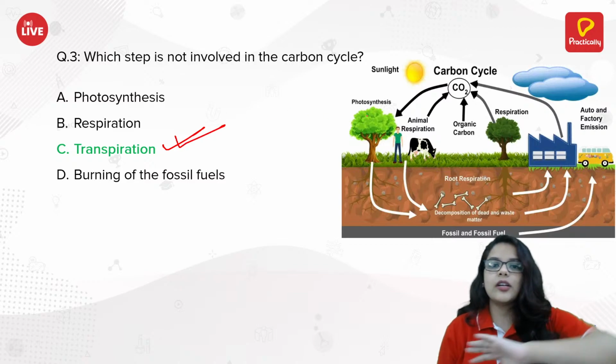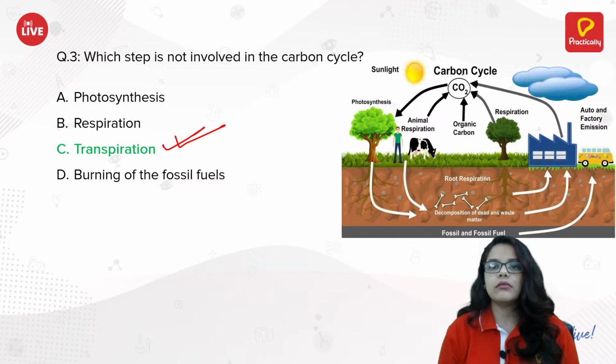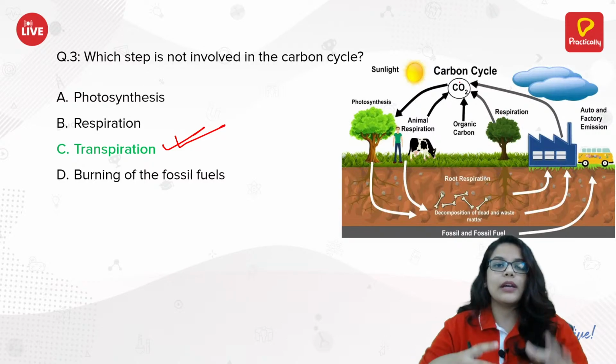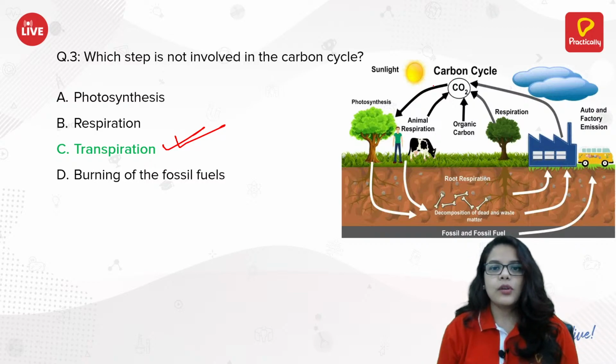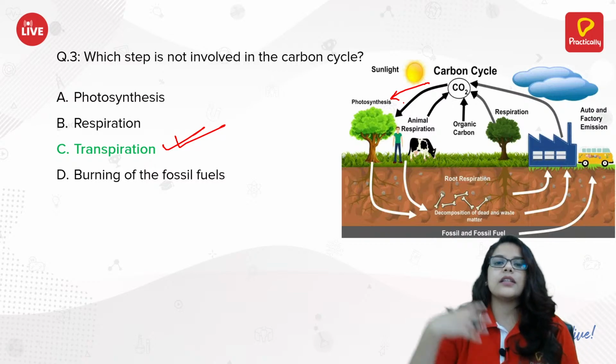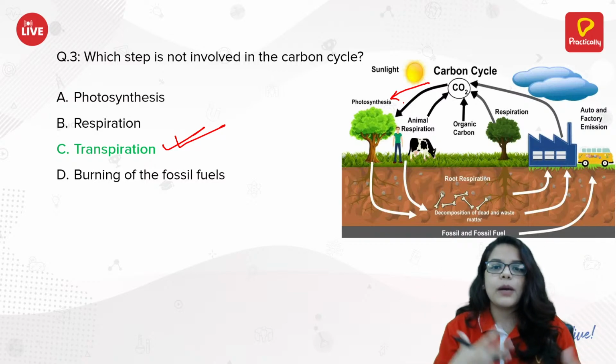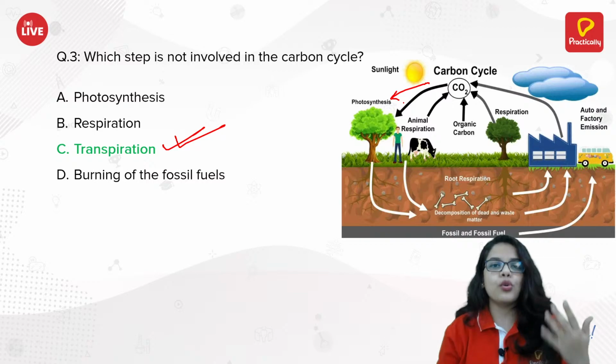See, this figure will clear all your doubts. Here, as I said, the carbon cycle is where the atmosphere gives and takes it back. There is photosynthesis, where the sunlight comes and the carbon dioxide is taken from the atmosphere by the plant and it forms glucose and oxygen.